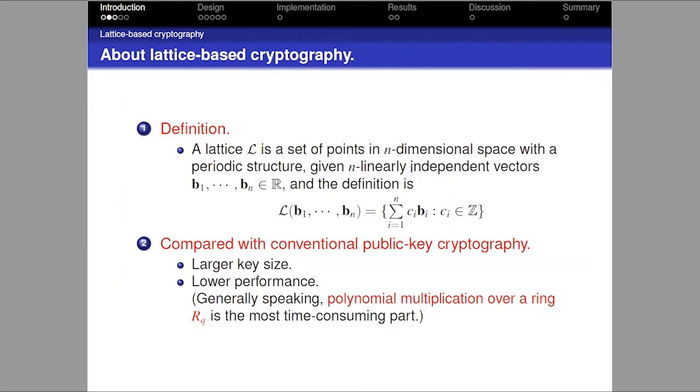Formally, a lattice is a linear combination of integers and vectors. Compared with conventional public key cryptography, they usually have a larger key size and lower performance. Generally speaking, polynomial multiplication over a ring is usually the most time-consuming part.